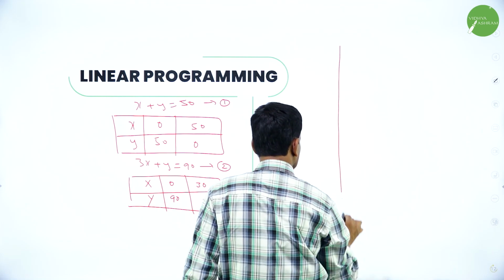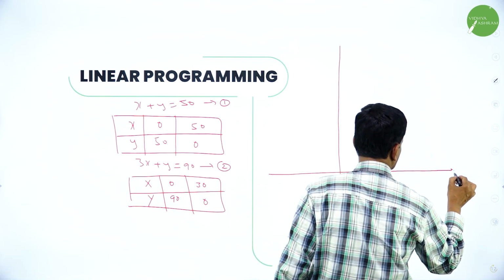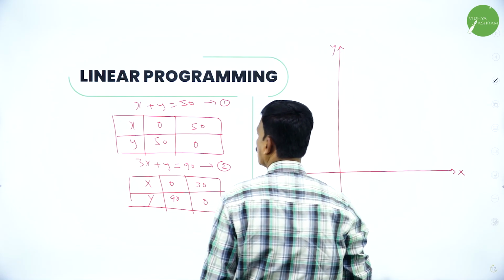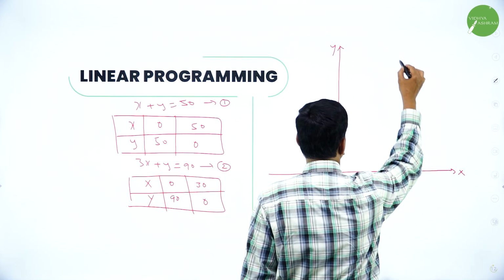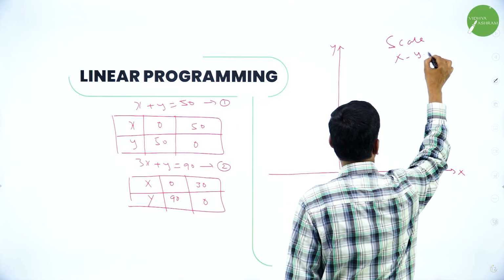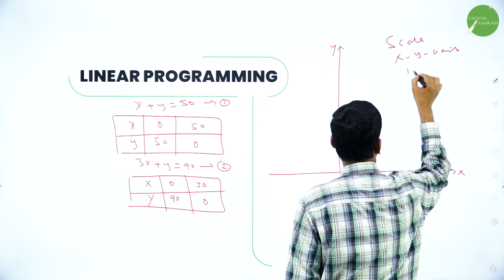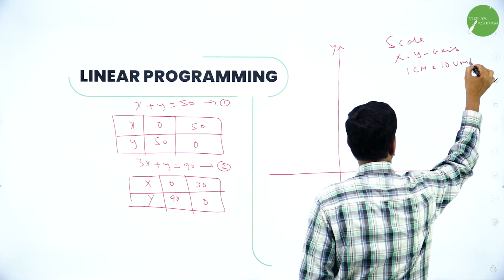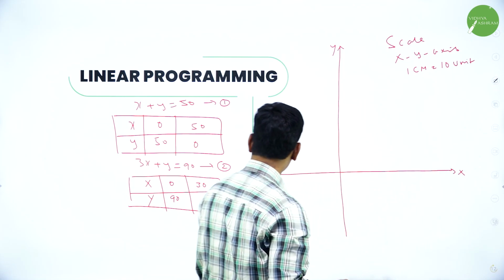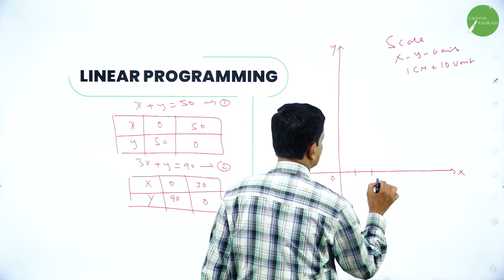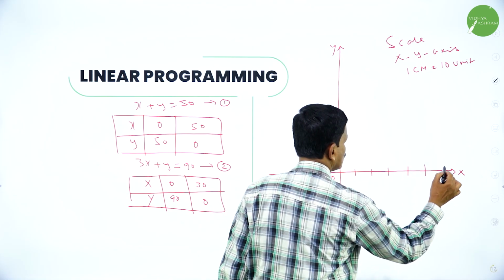Now, this is the x axis, y axis. Now, let us take the scale on the x and y axis: 1 centimeter is equal to 10 units. Let us start with 0, 10, 20, 30, 40, 50, 60.